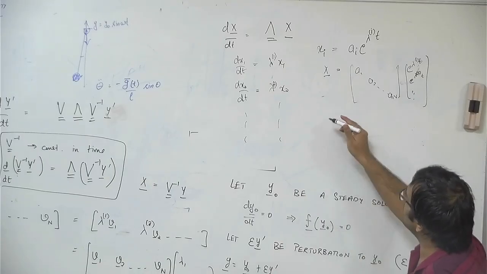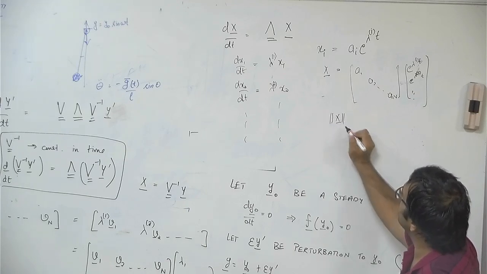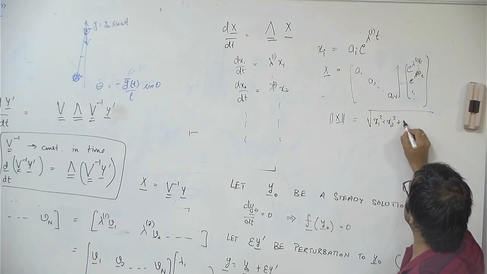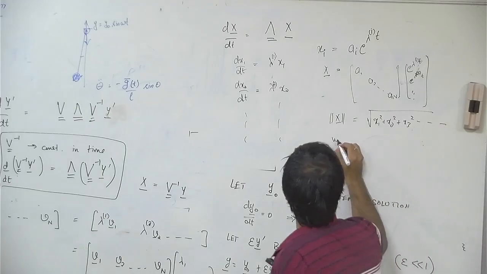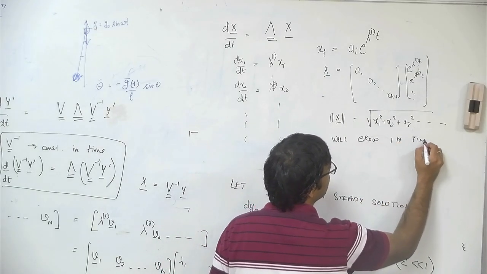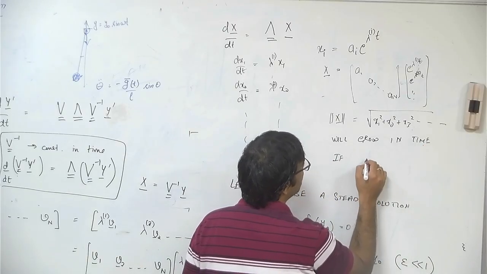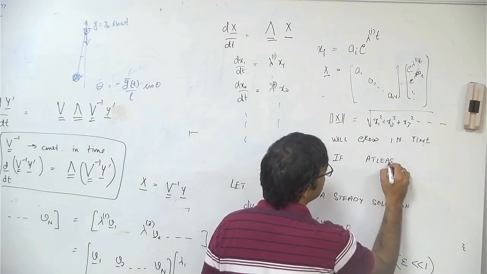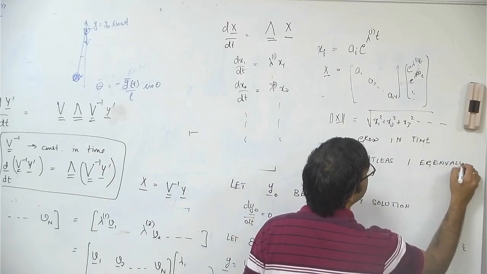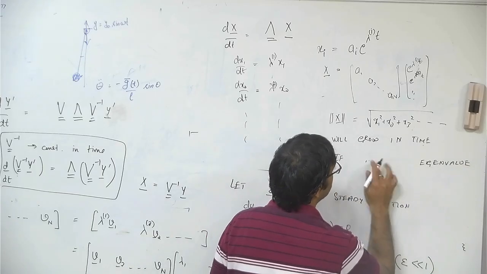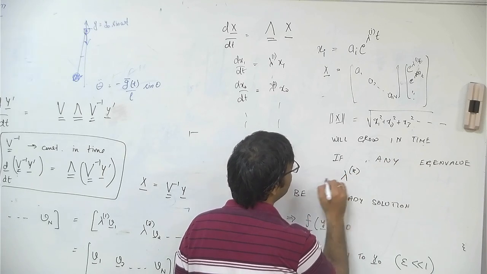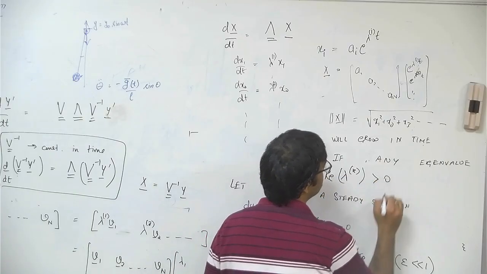Okay, and now you see that your some norm, let's say the L2 norm, which is nothing but square root of x1 square plus x2 square plus x3 square, will grow in time if at least one eigenvalue, or any eigenvalue, let's say kth eigenvalue, has a real part which is greater than 0.